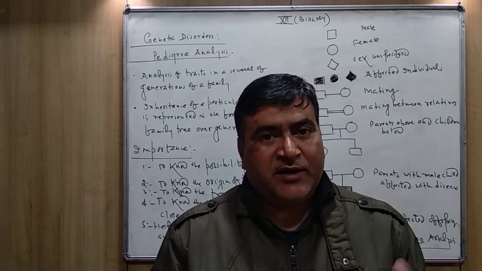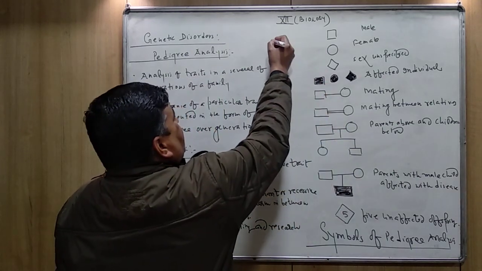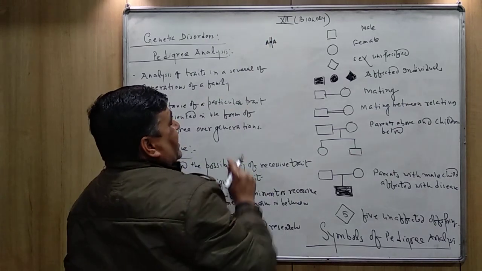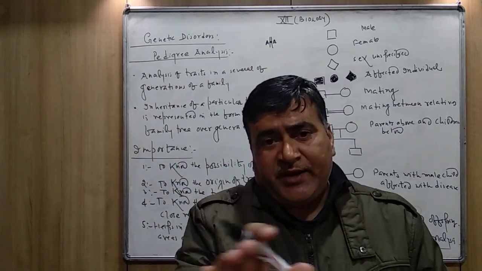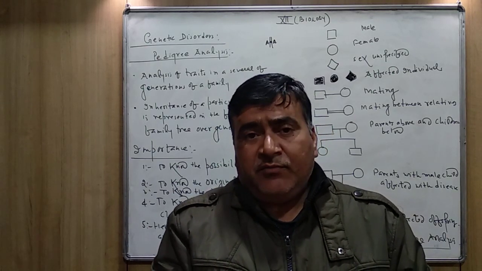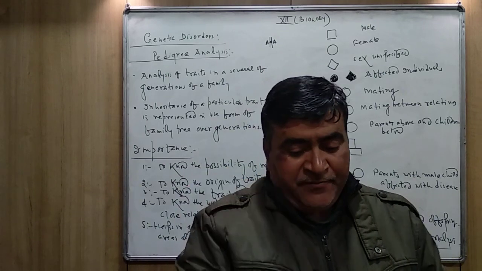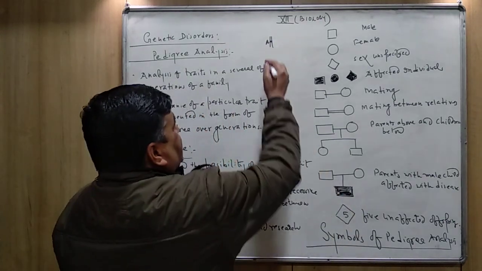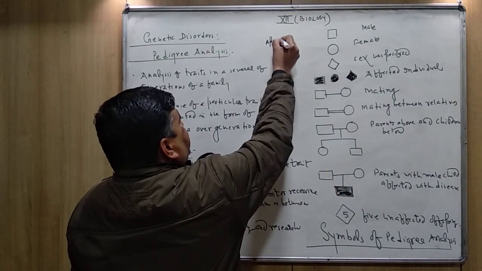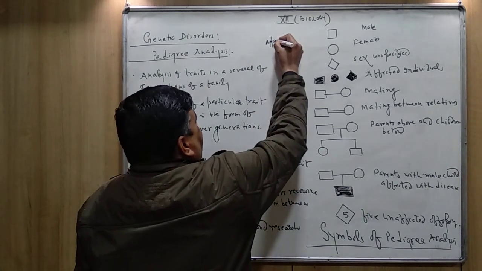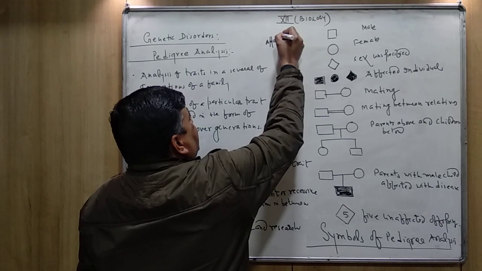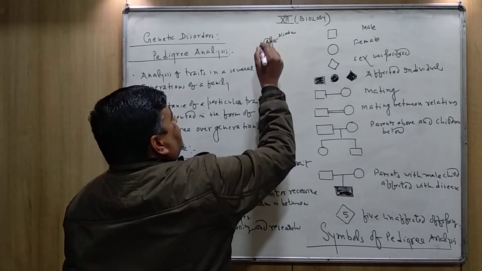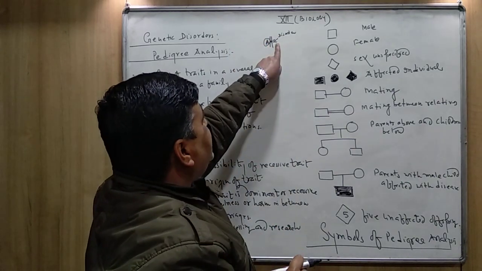If a gene is normal, suppose a particular allele is there, A and A, and both alleles are dominant, capital A. And by chance suppose there is a mutation in this capital A, and this capital A is changed into small a, and this small a is the cause of a disease or disorder, but one gene is still normal.